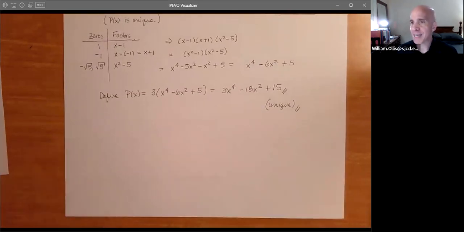Now, one thing that's interesting about what we just did is that you're thinking, okay, this might be a problem that I would do in a physics class or an engineering class. Maybe I was doing a model or something, and I came up with a particular polynomial function that's going to serve me in solving another problem.